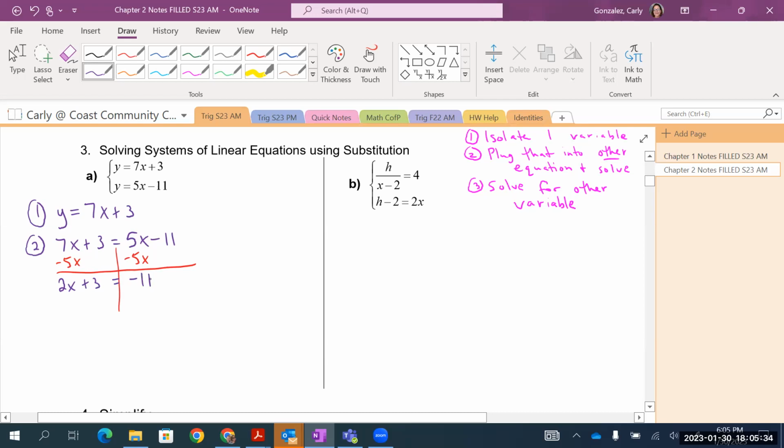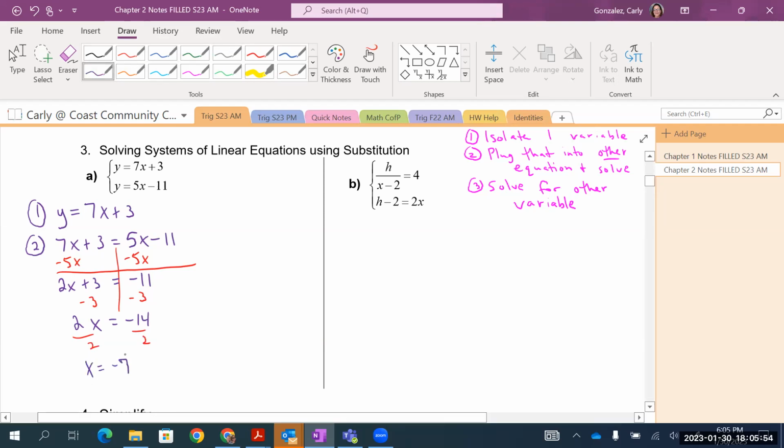We're trying to isolate the x, so I'll subtract 3 from both sides. We get 2x equals negative 14. Divide both sides by 2. And we're left with x equals negative 7.